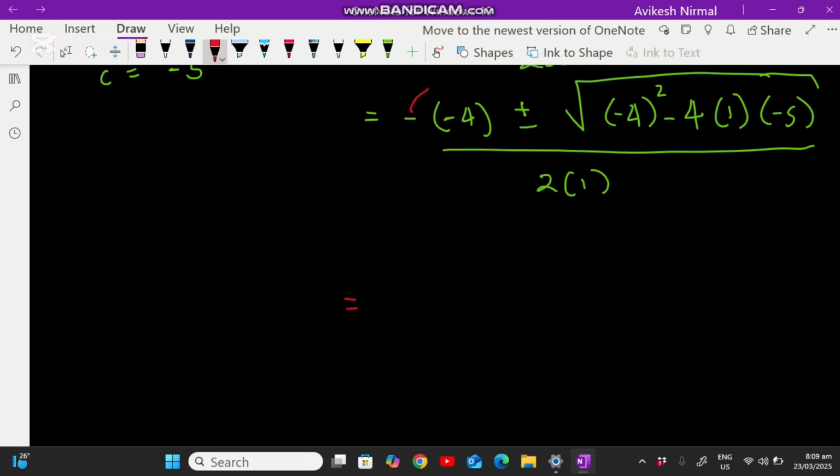So this negative will apply to this minus 4, will make it positive 4 plus or minus. Let's solve the square root. So what's negative 4 squared? Remember, the square of a negative number is always a positive, so that's going to be a positive 16.